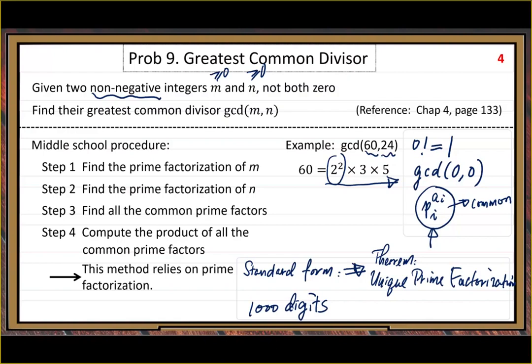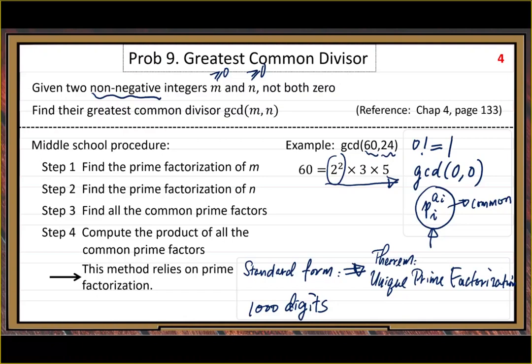So what do we want to do? We want to change the algorithm, because the algorithm is too bad. The reason is that prime factorization is too hard for large numbers, for huge integers. Prime factorization is extremely hard when the number is so big.